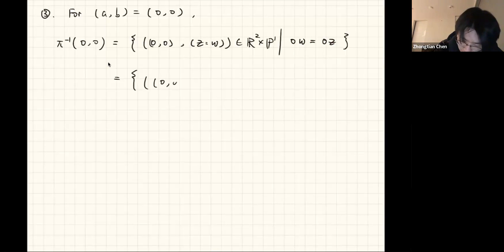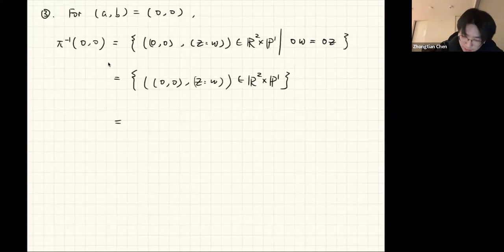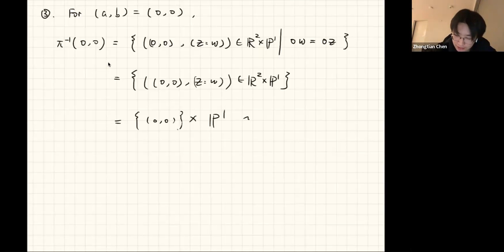So this will be all points of this form, and this will just be a simple product of a one-point space with P1. And we can identify this just with P1. Any question with this calculation? Yeah, so at the origin, the pre-image will be a copy of P1.